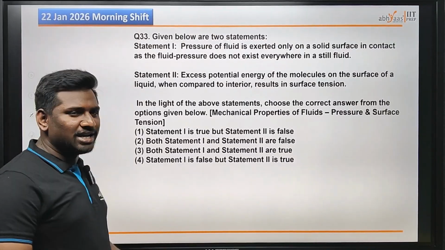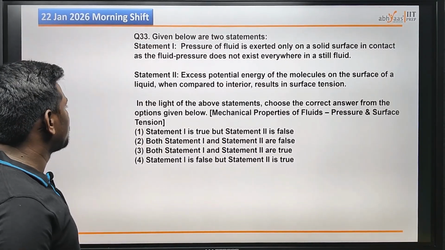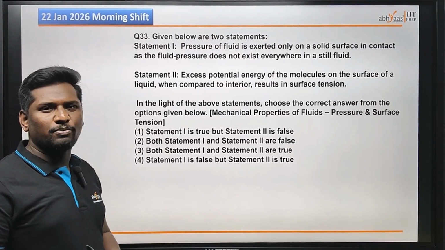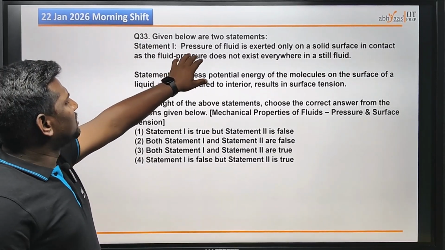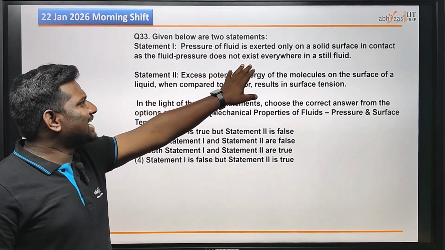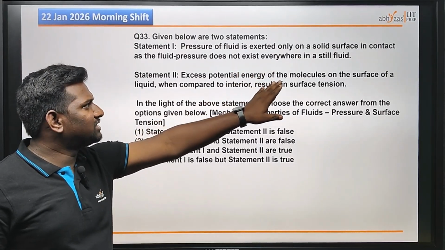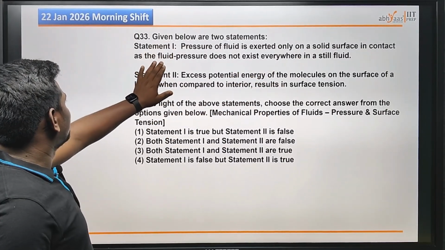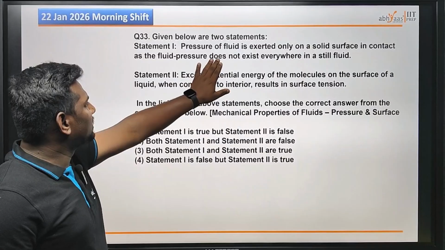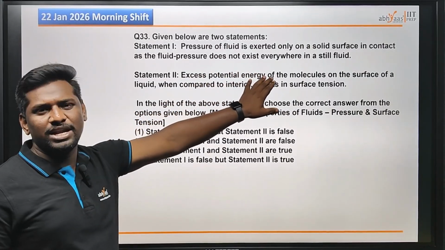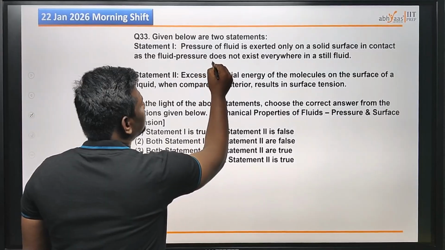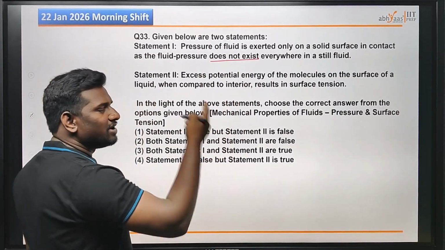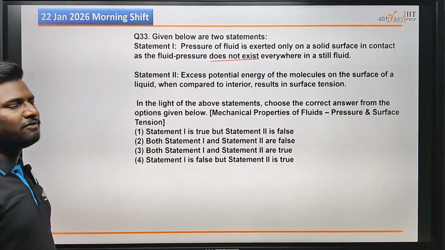So question number 33, a statement based question, which is from mechanical properties of fluids. What is statement 1? The pressure of a fluid is exerted only on solid surface in contact, as fluid pressure does not exist everywhere in still fluid. So what they are saying is that pressure does not exist everywhere in still fluid.